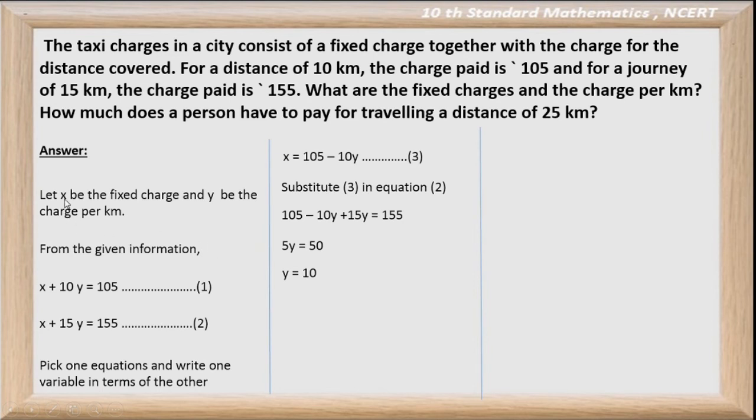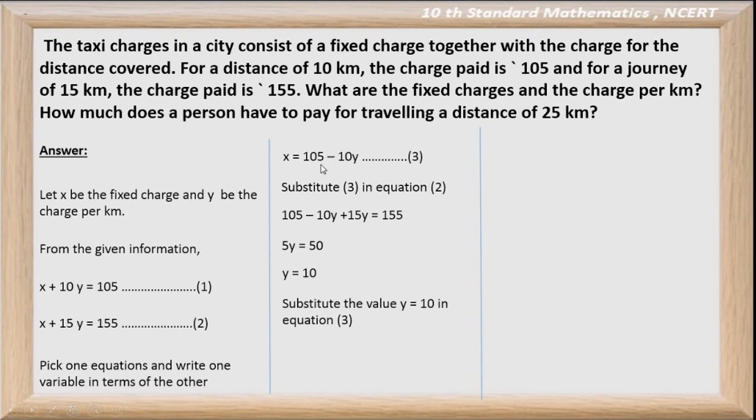And we have to find that x. x means fixed charge. How will we find that? See here, the equation 3: x equal to 105 minus 10y. Instead of this y, we can give the value 10. Substitute the value y equal to 10 in equation 3. See here, this is the equation 3. In this we can give the y value.